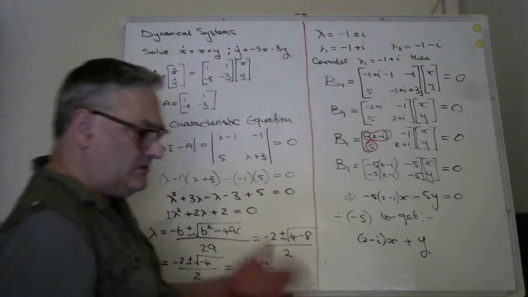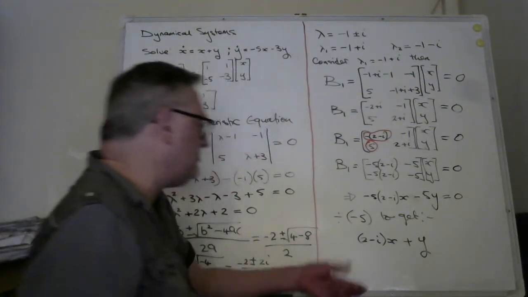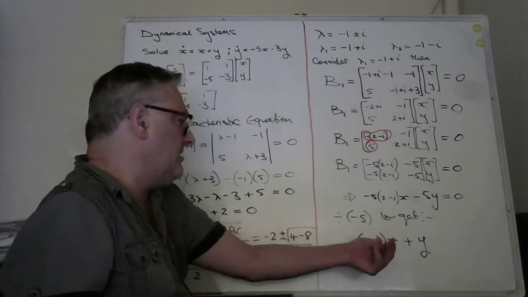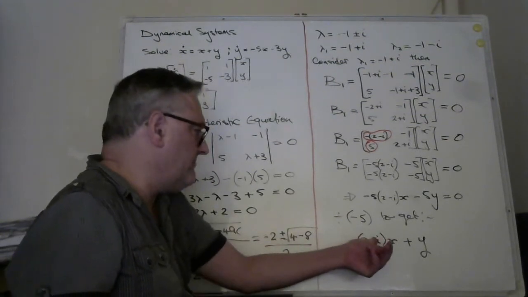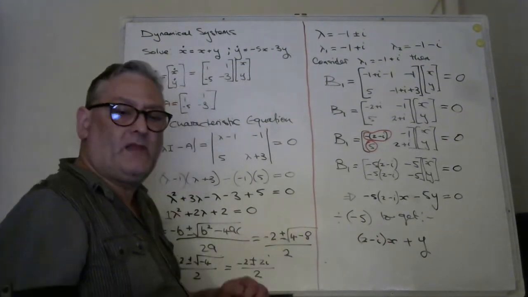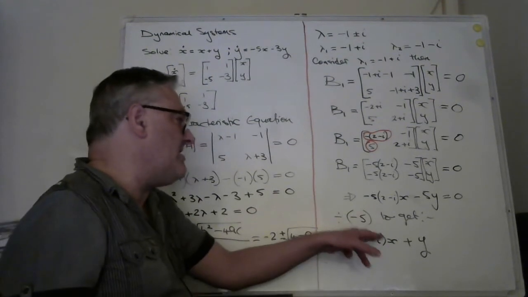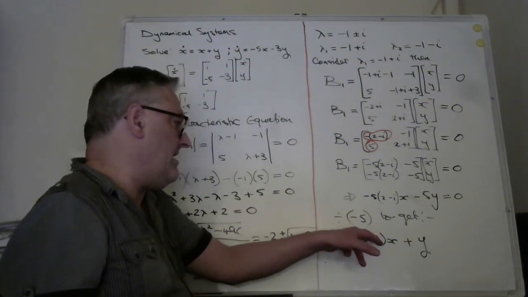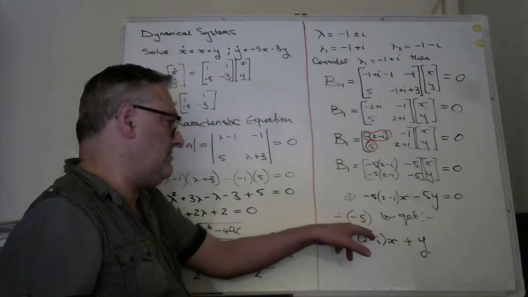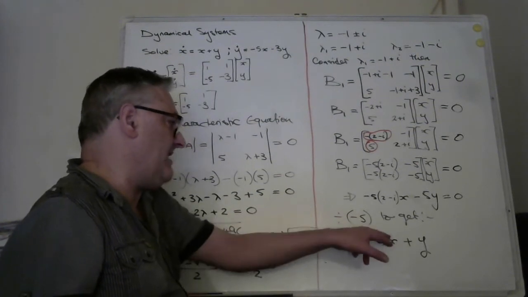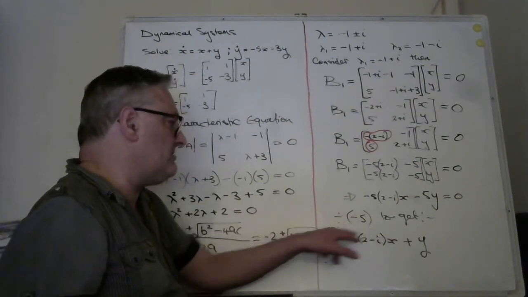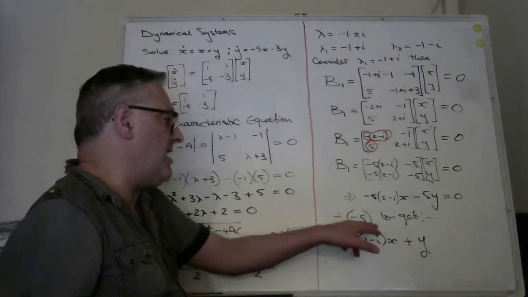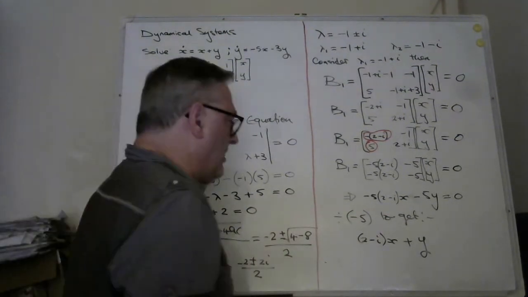Now, how do we work out what the eigenvector is from that? Because we've still got this irritating complex imaginary number in front of the x value, the x variable. So we've got a coefficient of 2 minus i, where i is imaginary.